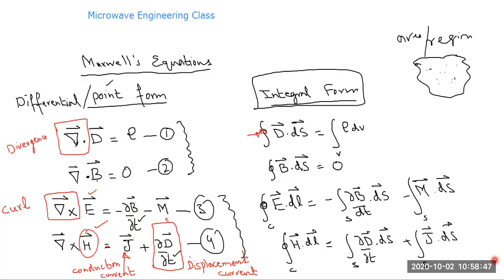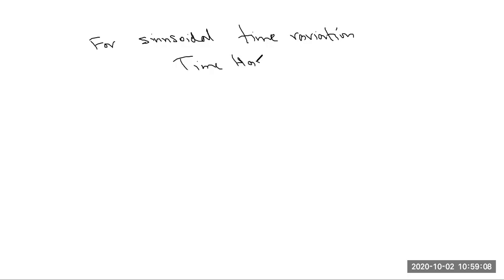So let's look at that, for sinusoidal time variation, which is also known as time harmonic variation.